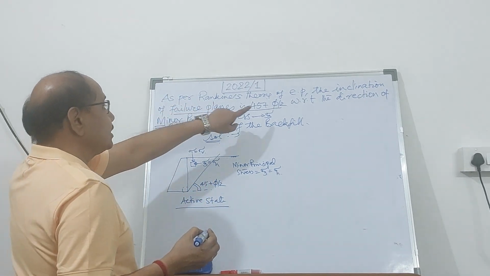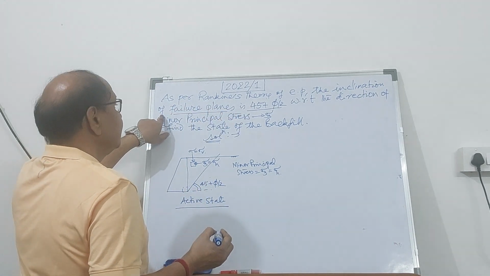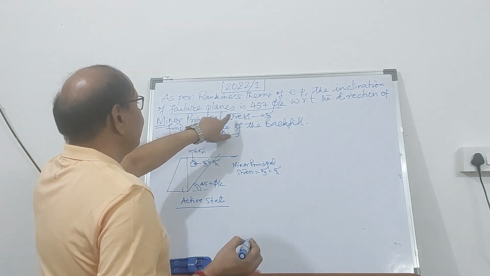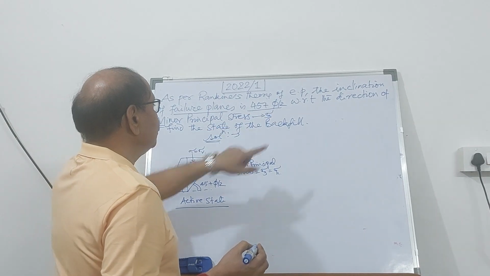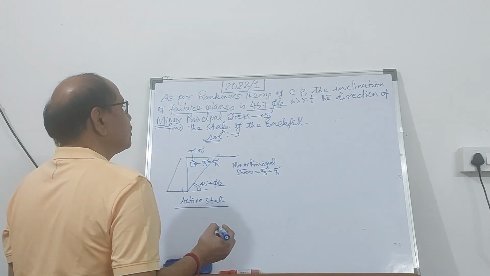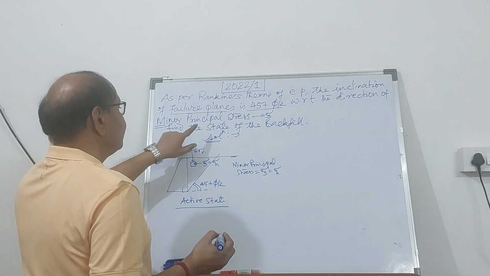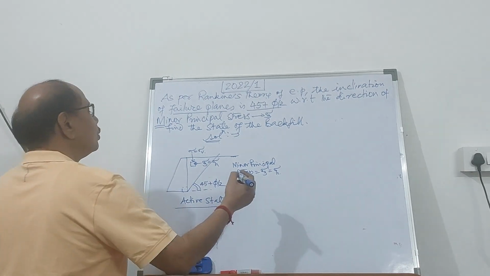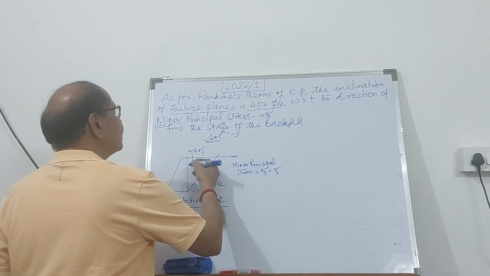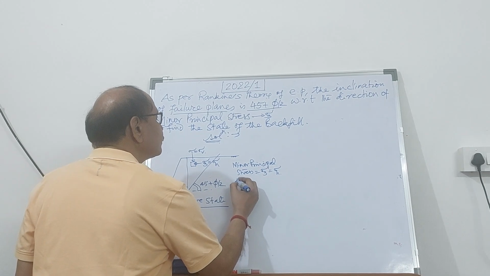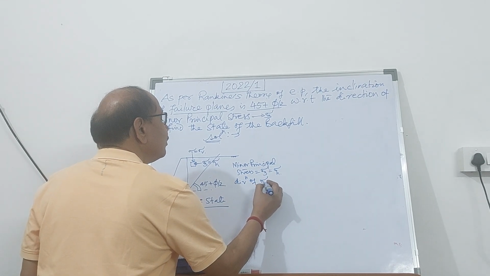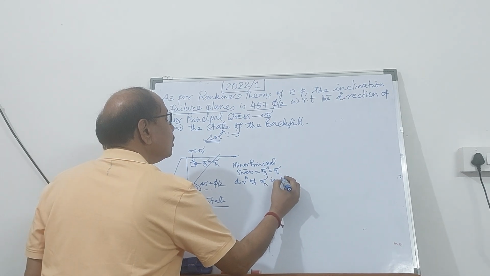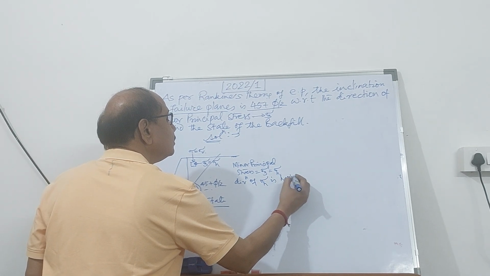As per Rankine's theory of earth pressure, the inclination of the failure planes is 45 plus phi by 2 with respect to the direction of the minor principal stress. So, the minor principal stress direction is horizontal. Direction of sigma h is horizontal.